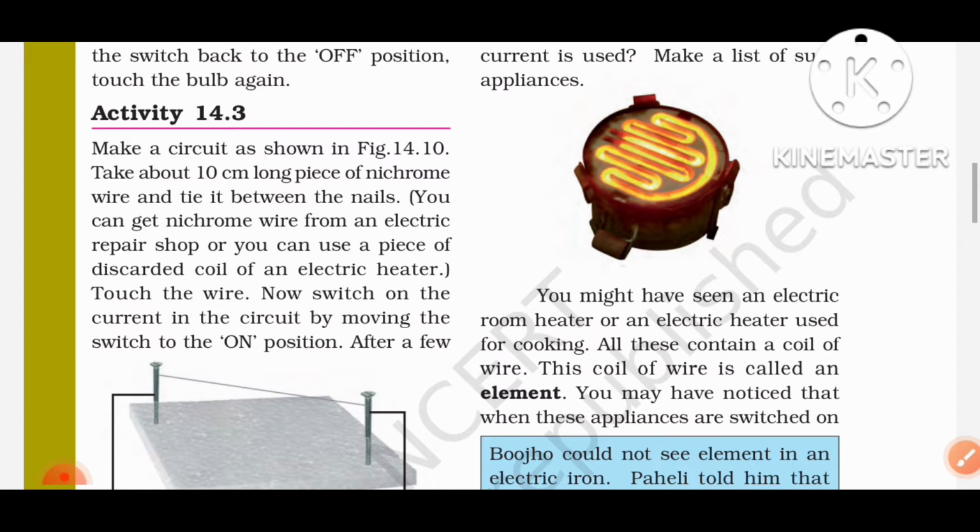Activity 14.3. Make a circuit as shown in figure 14.10. Take about a 10 cm long piece of nichrome wire and tie it between the nails. You can get nichrome wire from an electric repair shop, or you can use a piece of discarded coil of an electric heater.